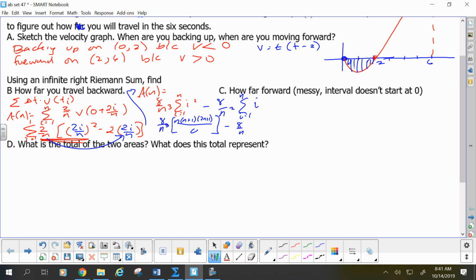Minus 8 over n squared times the sum of a bunch of i's is? All right, cool. All right, so far so good. Now, what do we do?